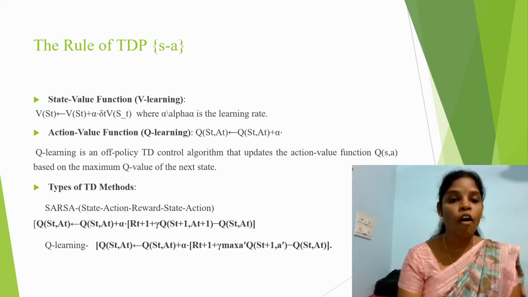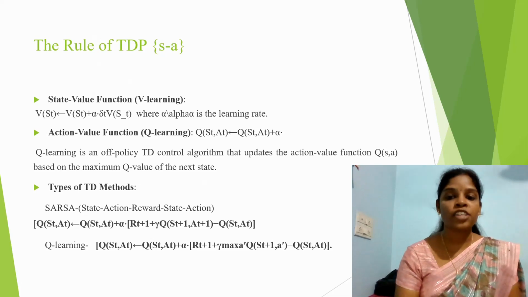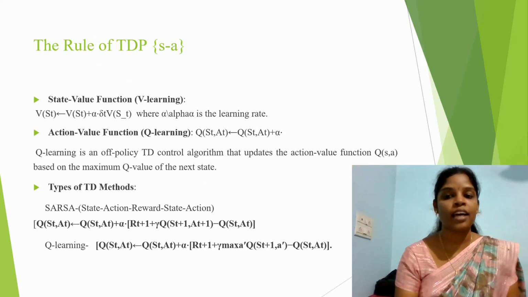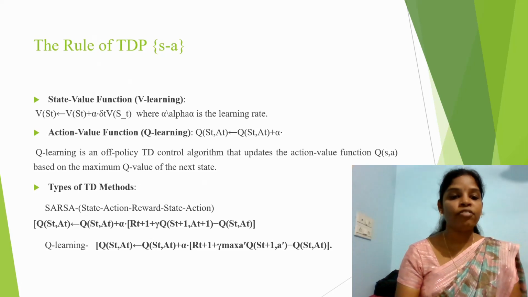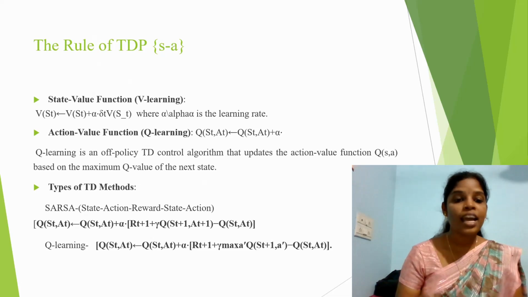Q-learning is an off-policy TD control algorithm that updates the action value function Q(s, a) based on the maximum Q value of the next state. So what are the types of TD methods?